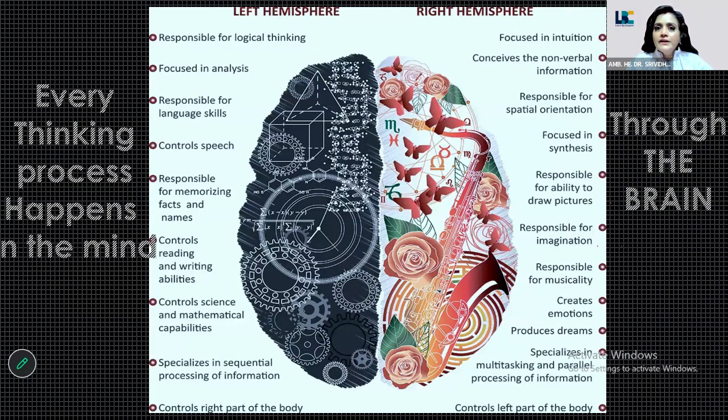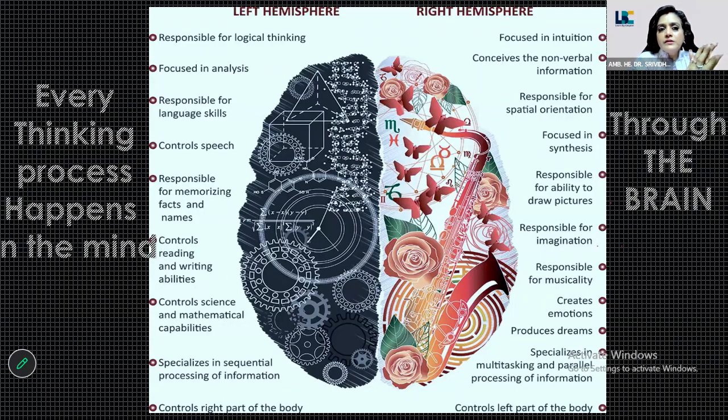If you are left-handed, people who use the left hand for writing and other things are called lefties. For them, the left side of the brain is very strong, and every single decision, every single thought is the left brain's responsibility, because they are logical thinkers, focused on analysis.